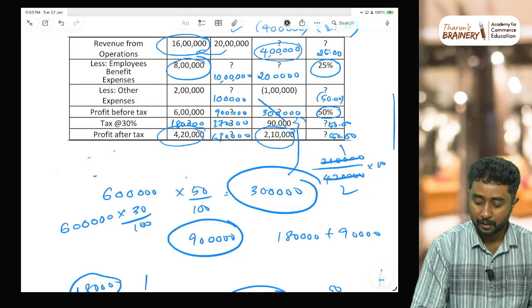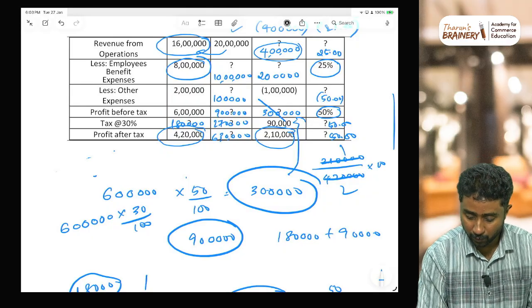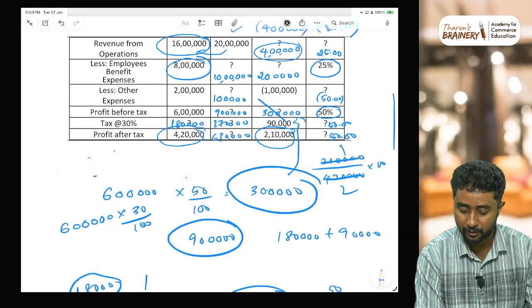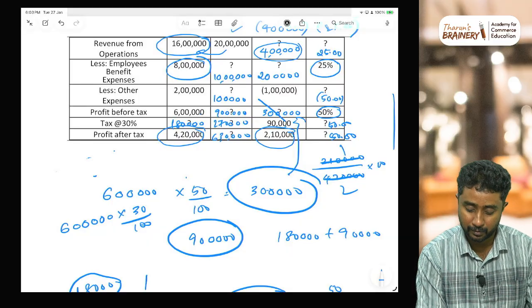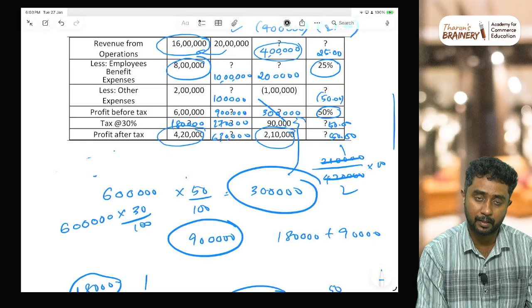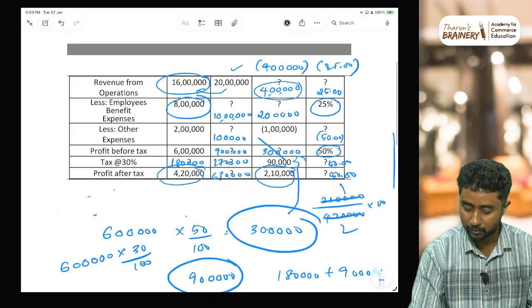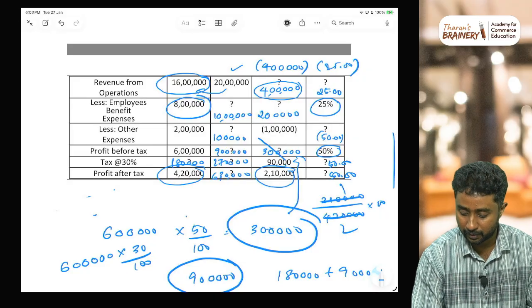One of the common mistakes that students make in the exam hall is this: profit before tax, one value will be there, tax will be there, they will remove it. So first the current year column, previous year column, they will do like that. When it comes to percentage change also, they will do the same process.